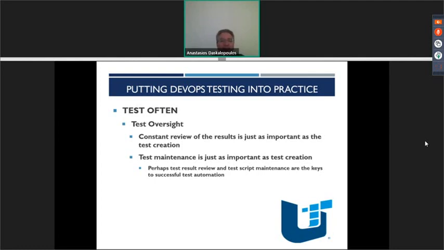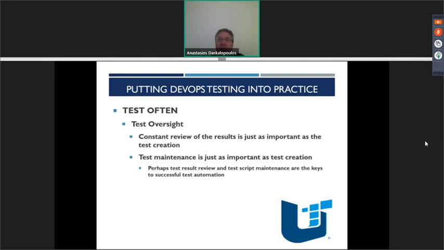And I heard this once and really believe it. Test maintenance is just as important as test creation. Just creating large numbers of tests that often become brittle will eventually fail and lead to many false positives, which will lead to lost time and give fodder to the whole idea that test automation isn't worth the investment.